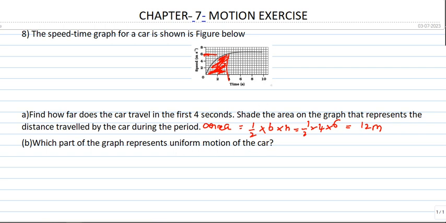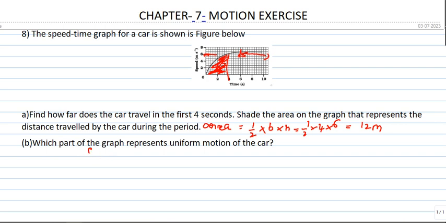The next part is, which part of the graph represents uniform motion of the car. What do we mean by uniform motion? We mean that the speed does not change. So this part of the graph from 6 seconds to 10 seconds, the speed is uniform. This straight line, the speed is approximately 7 meter per second, and this is the place where the graph represents uniform motion.